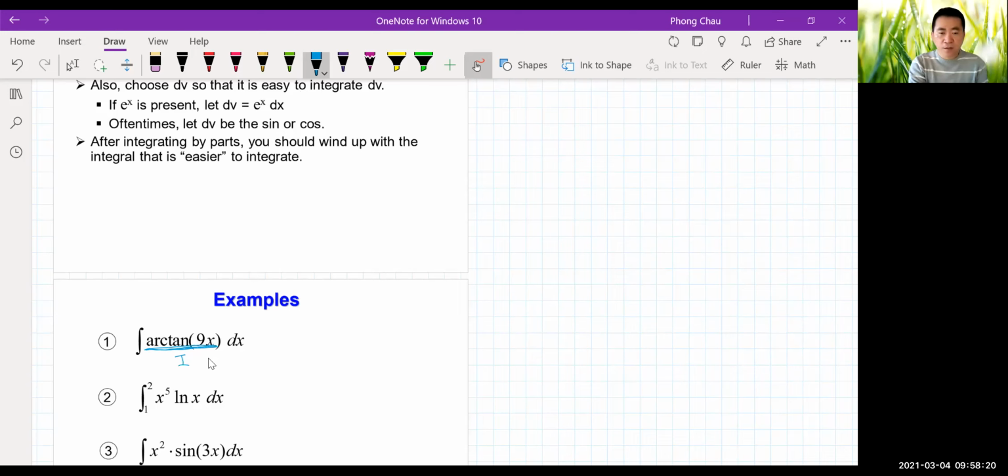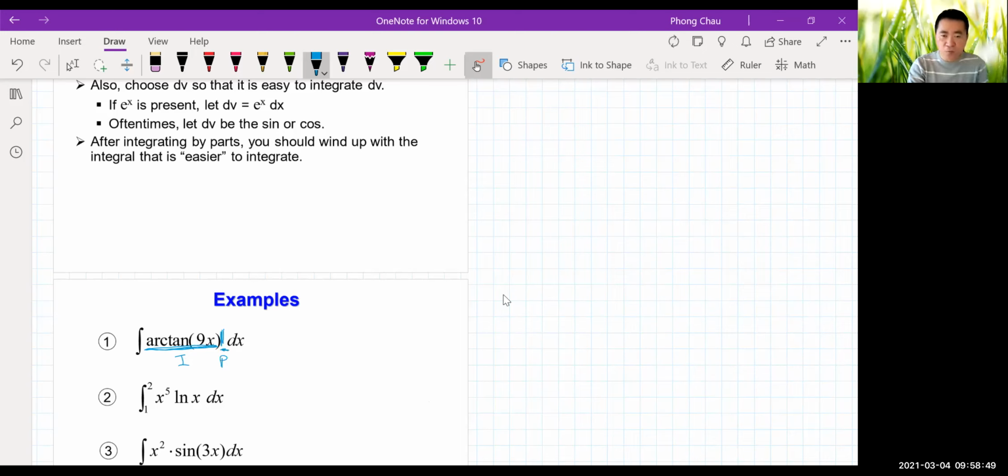This is inverse trig, arctangent. So when you have inverse trig, we're going to let u be that. But what will be the second function? I don't have it explicitly, so think of the 1 as your second function. The 1 is a function regarded as a polynomial of degree 0.